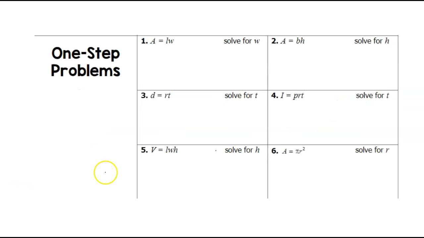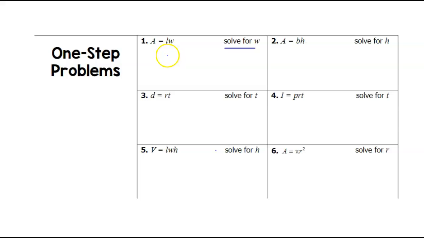For those just joining us, we're going to do some one-step equations and practice solving them. We're realizing these are not so bad as long as we know what we're solving for. If they don't tell us, then we're going to be confused because there are so many variables, right?